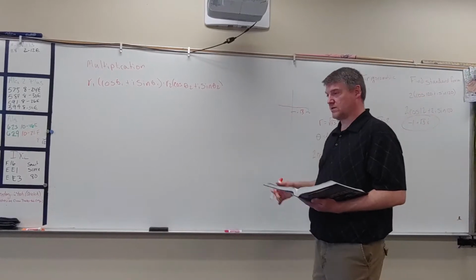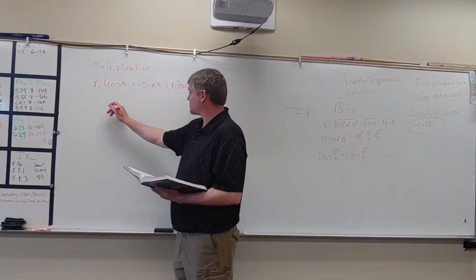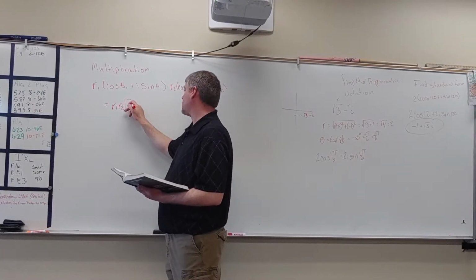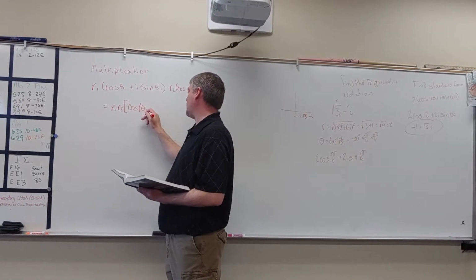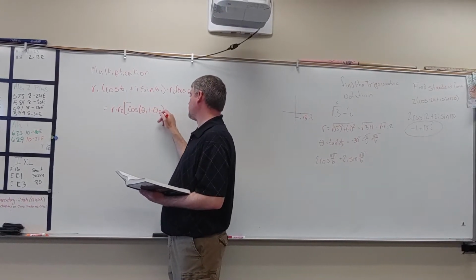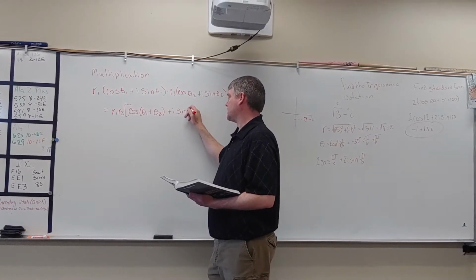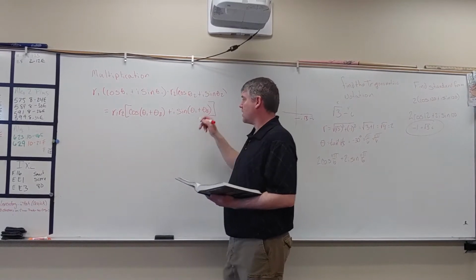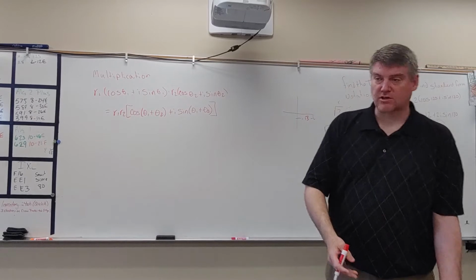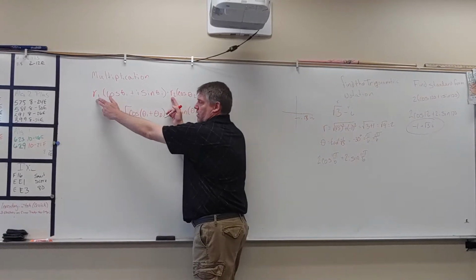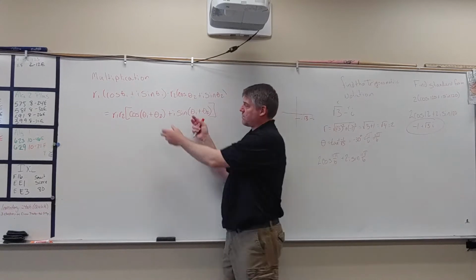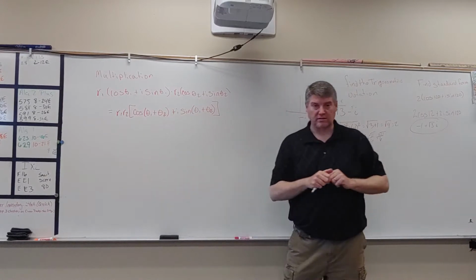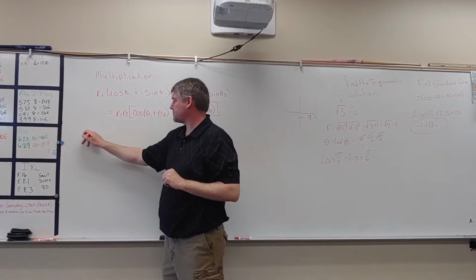I don't want to have to FOIL these out like we did in our regular one. So this becomes R1 times R2 cosine of theta 1 plus theta 2 plus I sine of theta 1 plus theta 2. So when we have the product of complex numbers, we multiply the separate radii together and add the angles for each component.